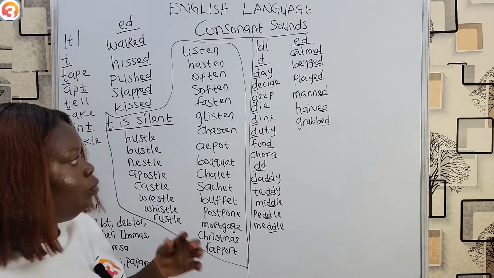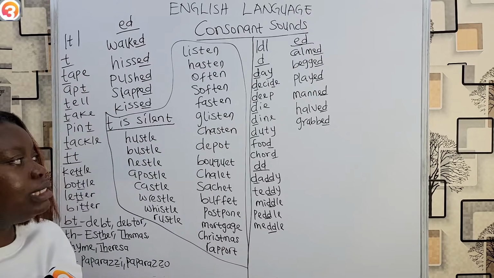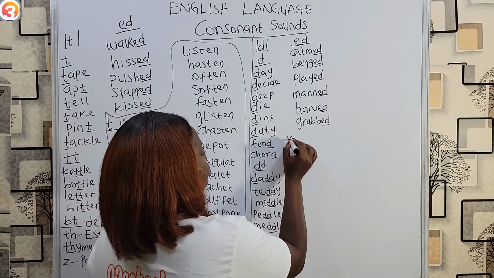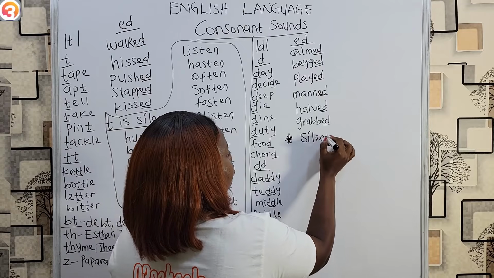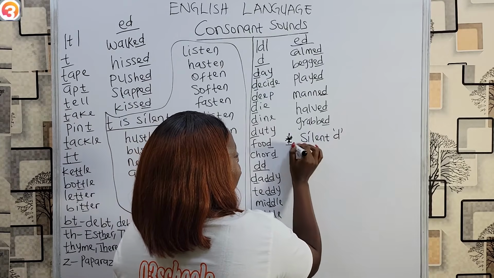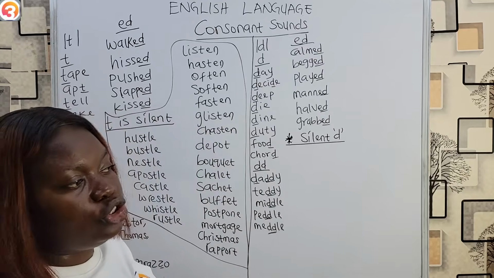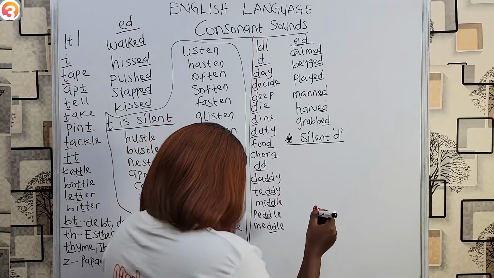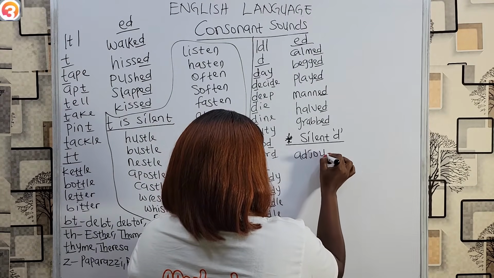Now let's look at words that have silent D. We also have words like that. So words where letter G, silent D's. So words where J or G is coming after letter D, we do not pronounce the D. We have adjourn.